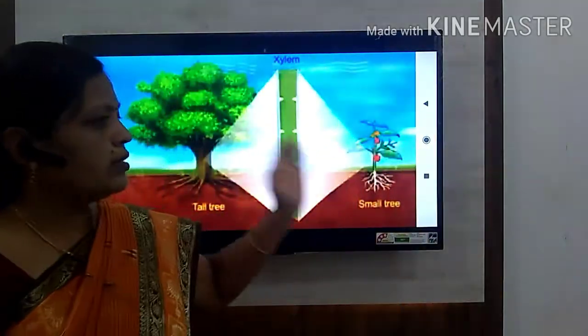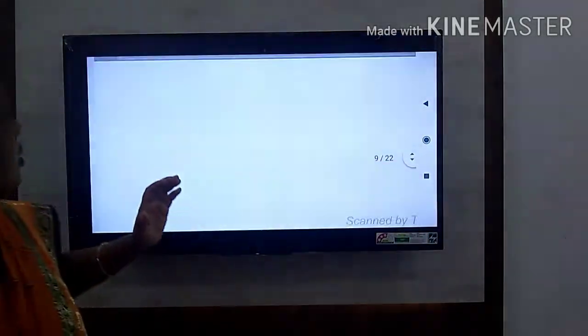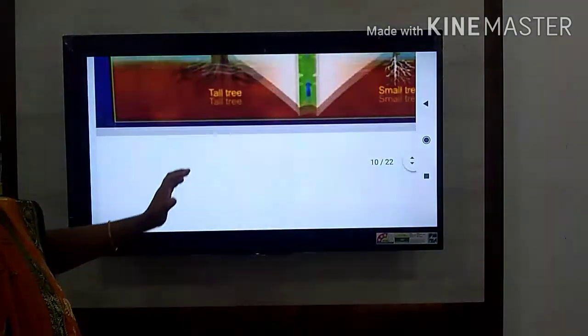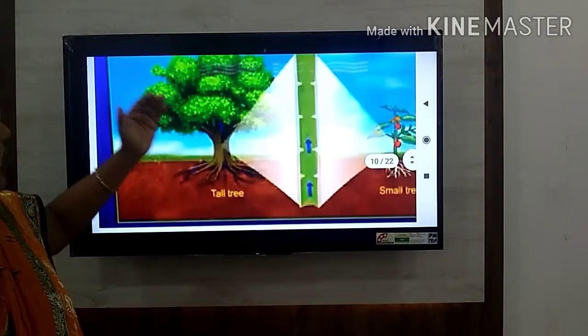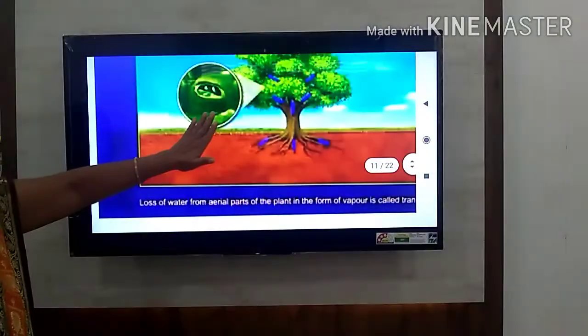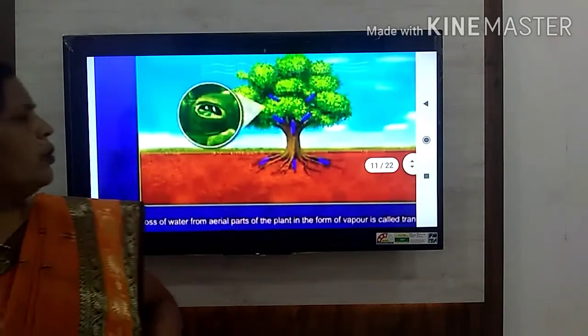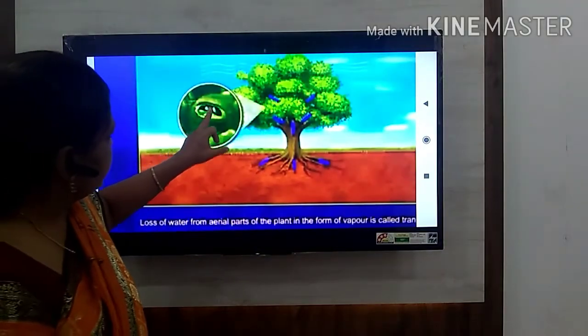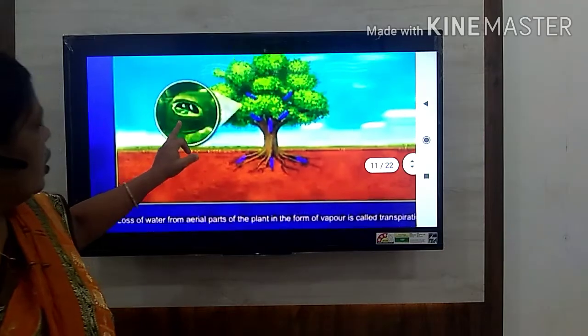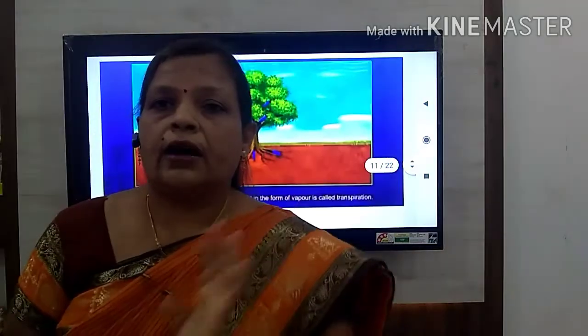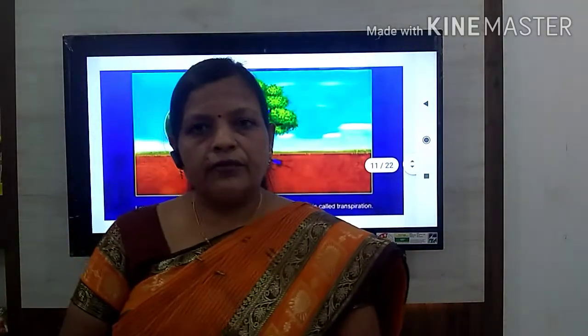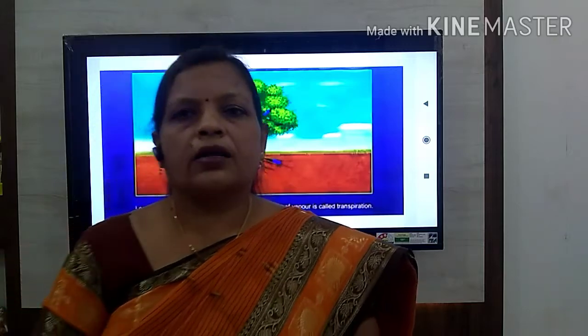Now we are moving towards our transport of water. In the next slide, look at this slide. This is the magnified picture of the stomata. Now what are the stomata? Firstly we should know what stomata are.